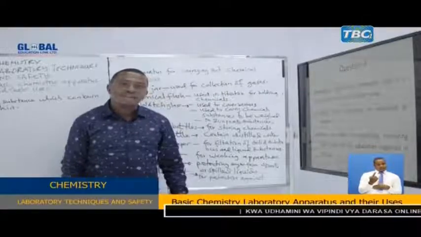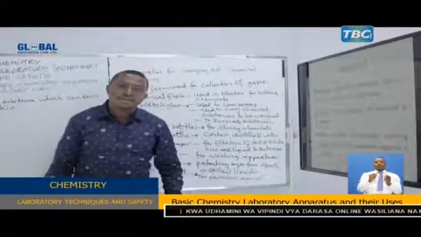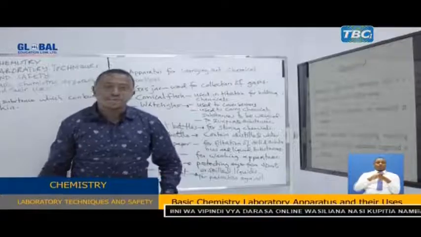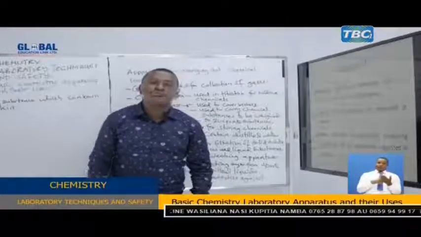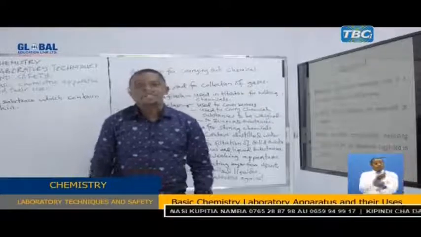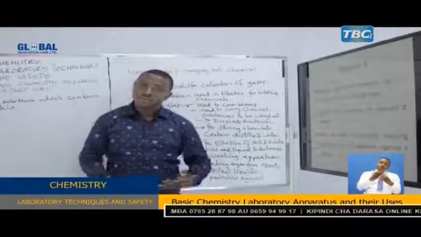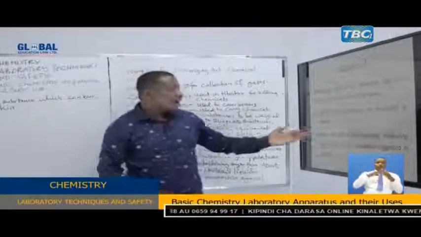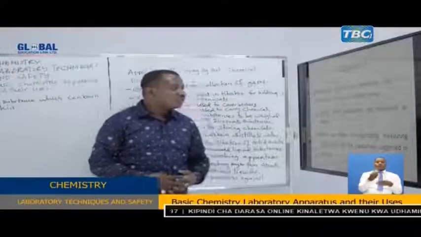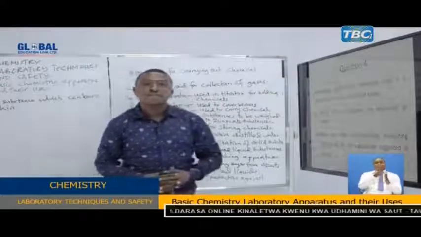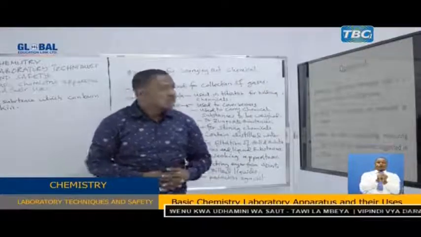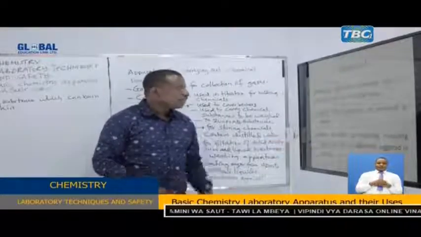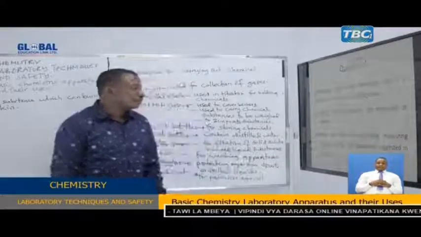We said there are several apparatuses that can be used in the laboratory and also at home. Take an example of a thermometer. A thermometer is used in the laboratory, but we use thermometers at home. Now, just give the other 2 substances that are measured at home, and give 2 apparatuses that can be used at home.